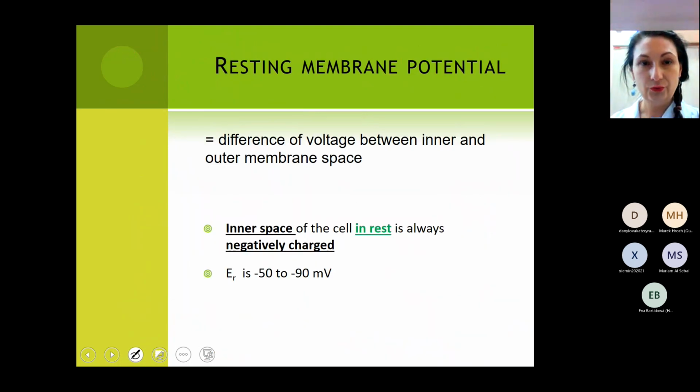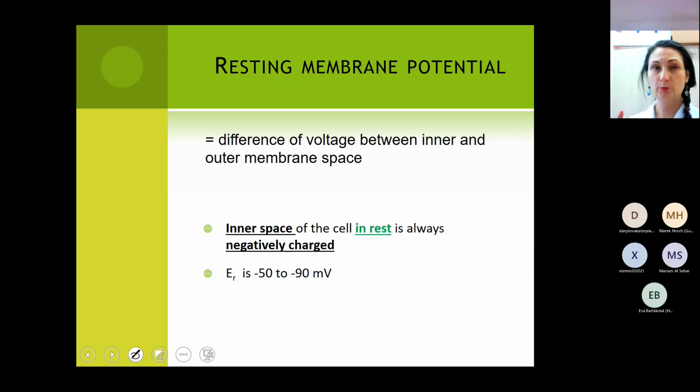Now I would like to move to the membrane potential. Probably you know that practically all living cells have some charge inside the cell and outside the cell. The difference between the charges gives one special feature to the plasma membrane.